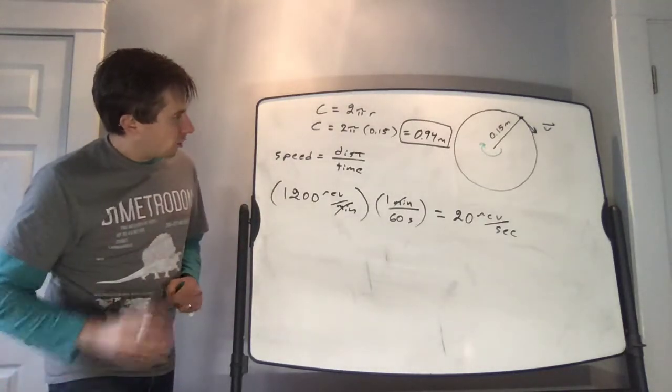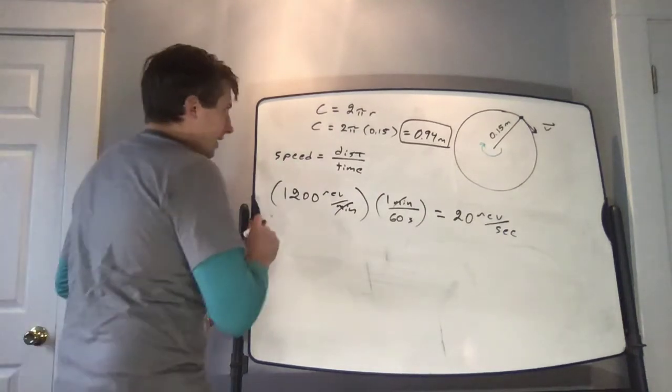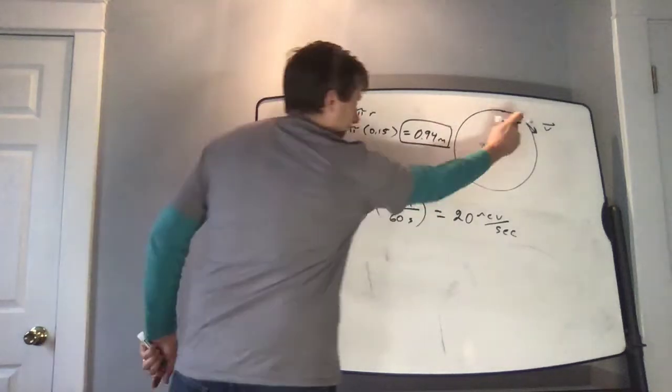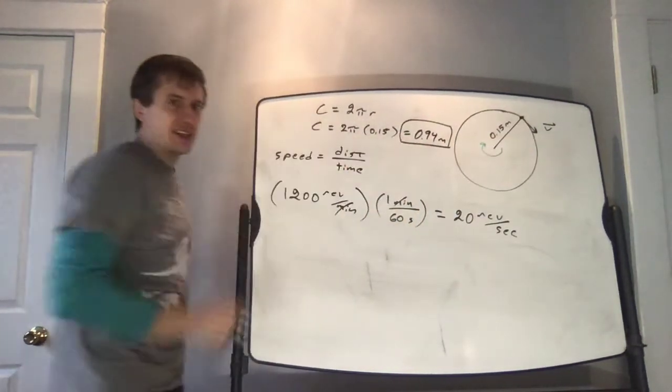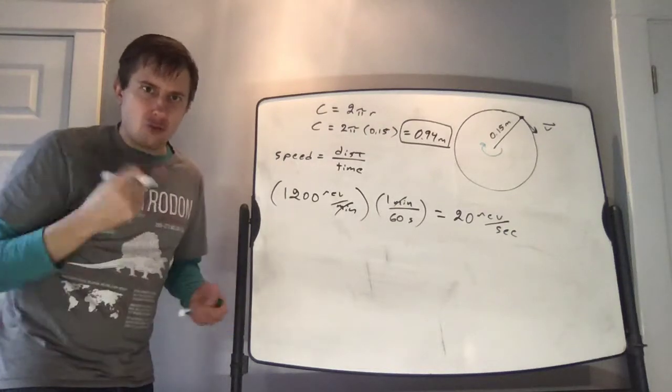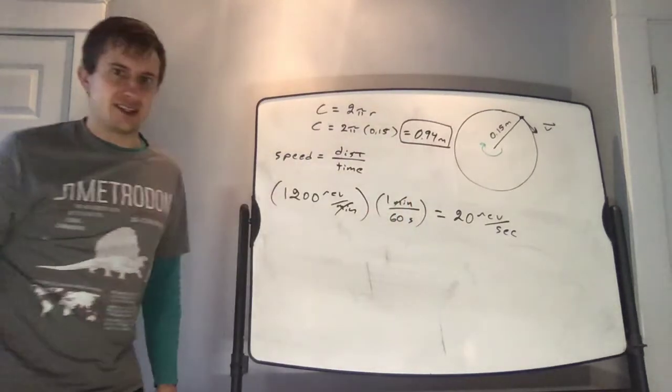Okay, at this point, let's determine the speed. So if once around the fan the tip of the fan blade travels this distance, 20 times around the fan, the tip of the fan blade will travel 20 times this distance.